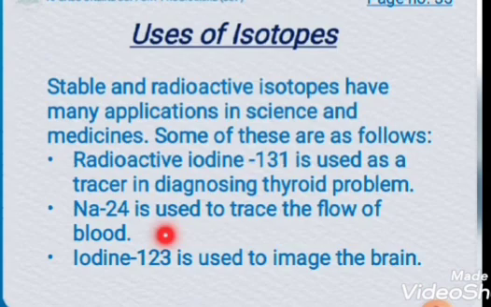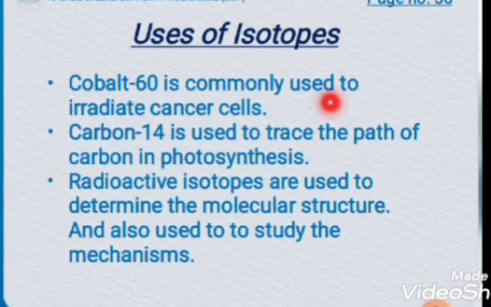Sodium-24 is used to trace the flow of blood, and iodine-123 is used to image the brain. Cobalt-60 is commonly used to irradiate cancer cells, and carbon-14 is used to trace the path of carbon in photosynthesis process. Radioactive isotopes are used to determine the molecular structure and also used to study the mechanisms.